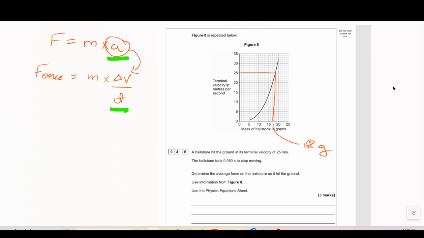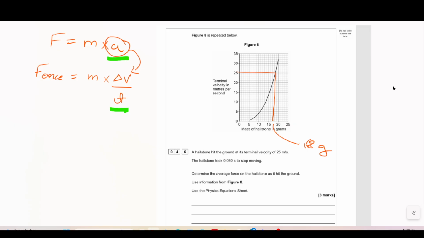I need two equations. So acceleration equals change in velocity divided by time. Change in velocity is 25, because the final velocity is 0, so minus 25.